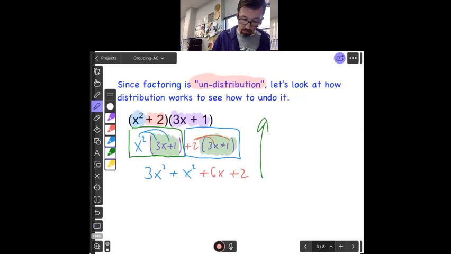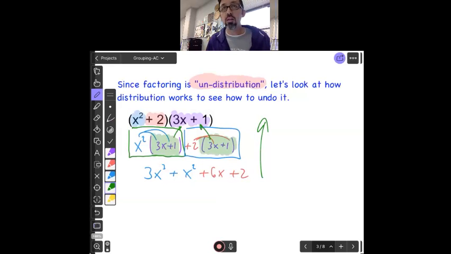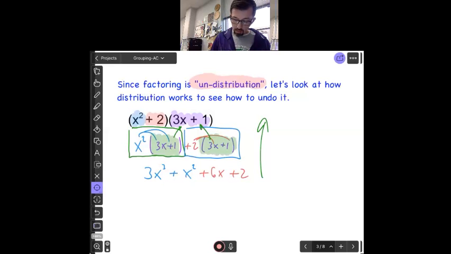Well, where did it go? Notice how they kind of went together. Just like here, when we say these both have a 2 in them, we take a 2 out. We don't take two 2's out; we only bring one 2 out. They both have a 2 to bring out. These both had a 3x plus 1 to bring out.